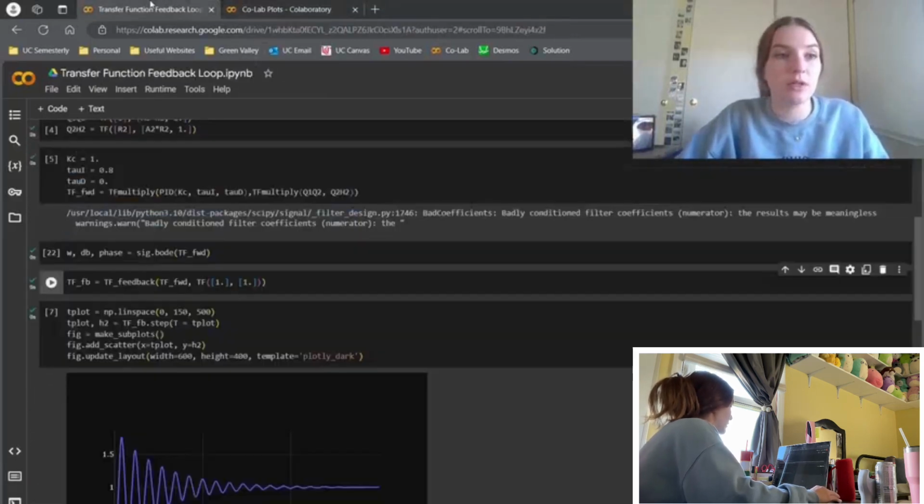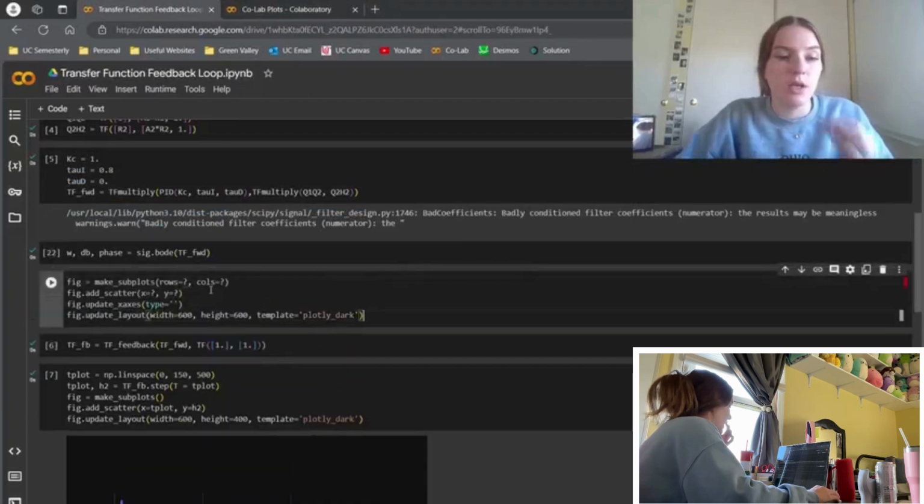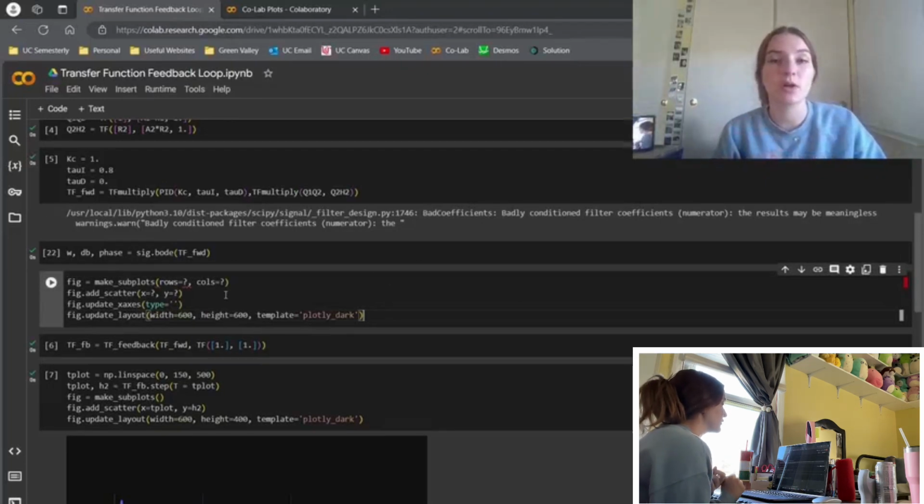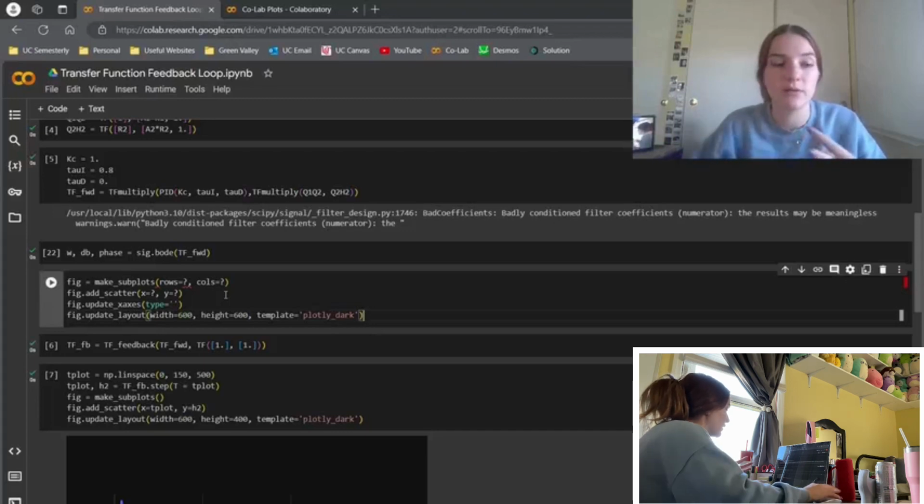So I'm going to come over here and grab my codes, or my plot starter. And now we are going to have 2 different plots. So our x value for both plots is going to be our omega. And then our y value for our first plot is going to be our decibel values. And the y value for our second plot is going to be our phase lag values.